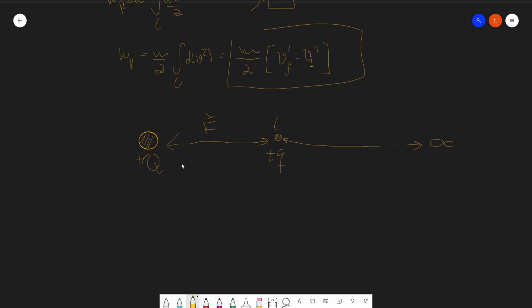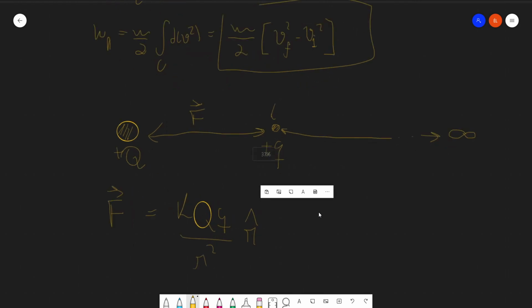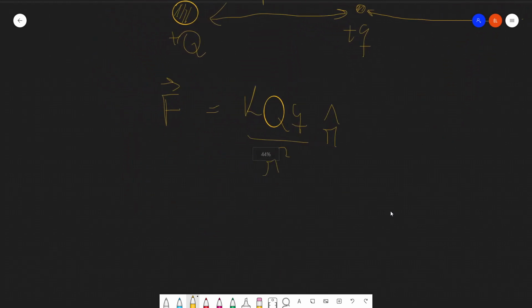So we know for a fact that the force from Coulomb equals some constant times the product of the charges over the distance squared, times the unit vector r. We know this for a fact. And we can write this as potential energy, right?